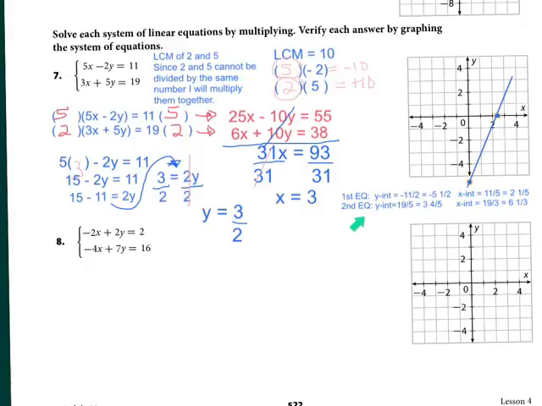On my second equation, the y-intercept is 19/5. So we're going to see here, the y-intercept would be 19 divided by 5. So I put it here, 19 divided by 5. 5 goes into 19 3 times, because 5 times 3 is 15. That's the closest I'm going to get to 19. So that's the whole 3 here. Now, when I have 15 and 19, there is 4 left over.